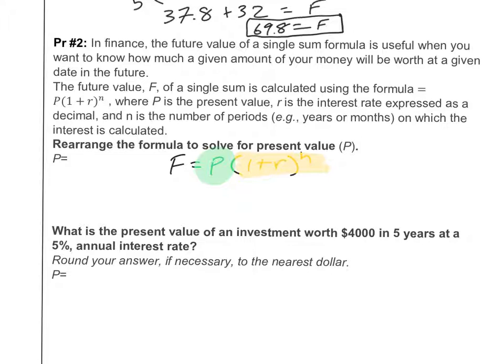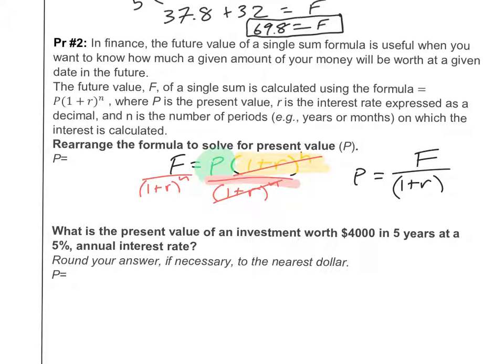And so it's actually pretty easy to get all by itself because all I have to do, oops, let's go back to my pen, all I have to do is divide both sides by this whole term. And then these terms would just cancel out. And so the formula is simply P equals F divided by (1 plus r) to the nth power. Okay, so we have a formula where P is all by itself.